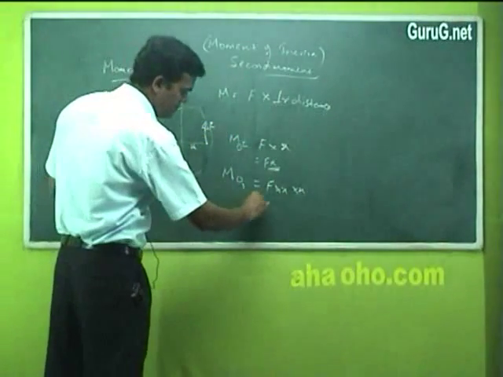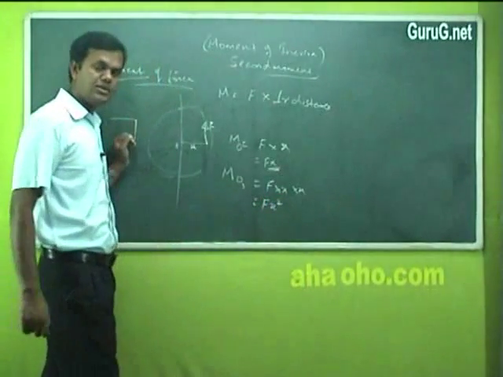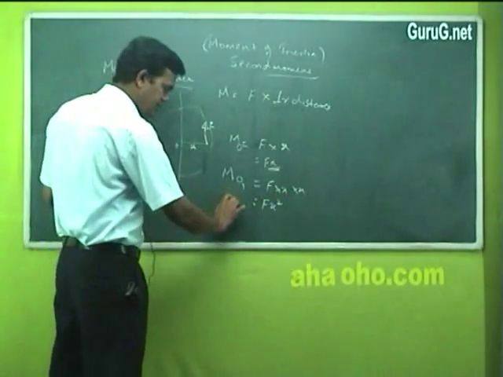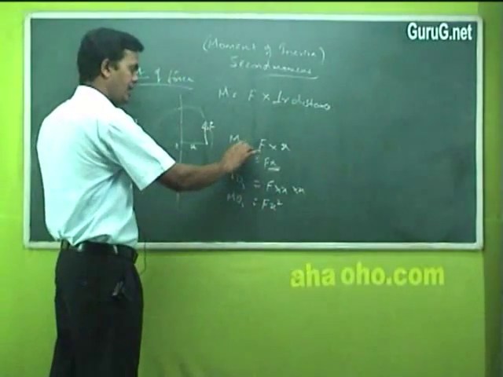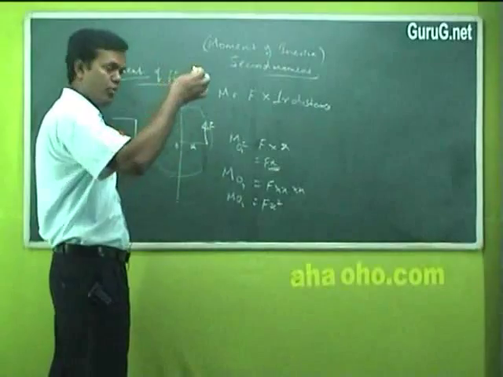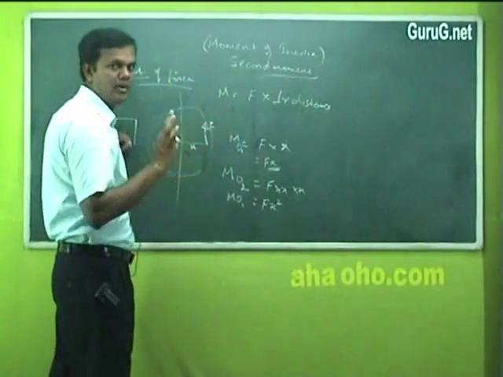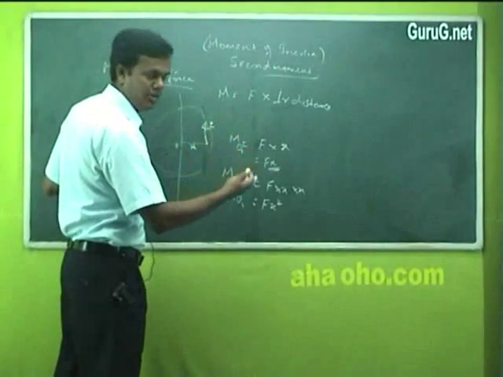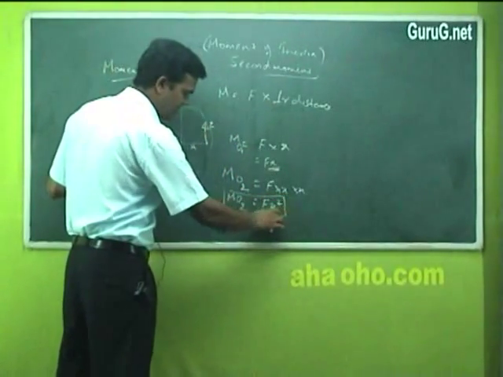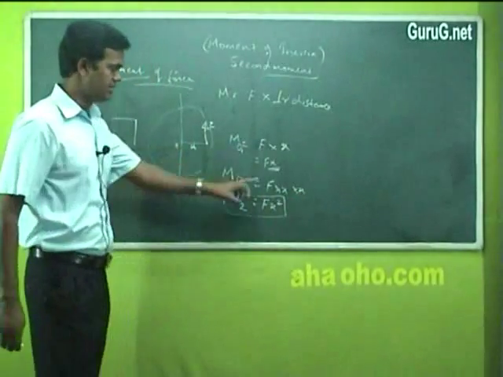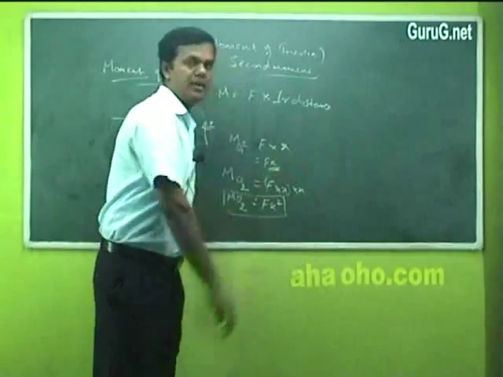This becomes F into x squared, is it not? x into x is x squared. This is MO1, the moment about origin the first time, and multiplying the second time gives MO2. It becomes Fx into x.